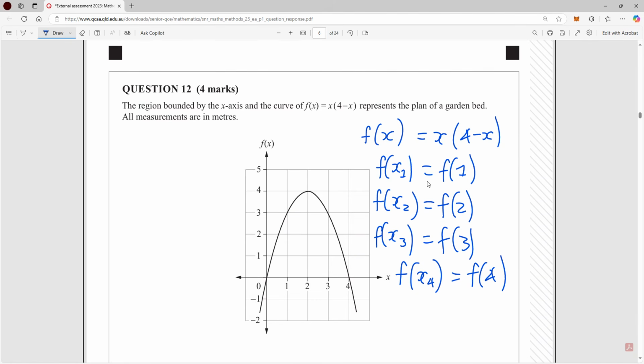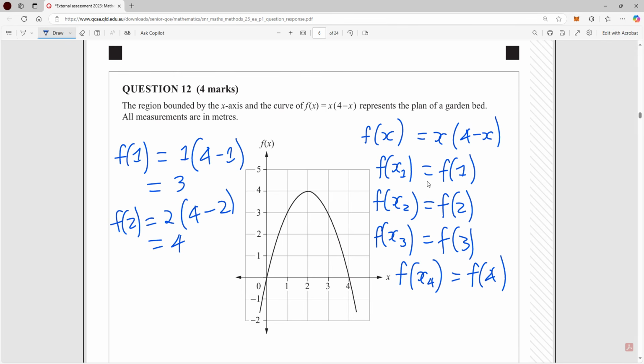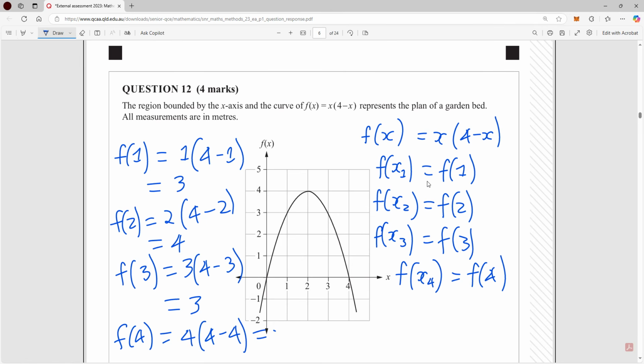So here we'll start with the first one. f of 1, we'll put in 1 times (4 minus 1), so that's going to give you 3. f of 2 is going to be 2 times (4 minus 2), which is going to give you 4. Then we'll have f of 3, which is 3 times (4 minus 3), which gives you 3. And then f of 4 will be 4 times (4 minus 4), which gives you 0.